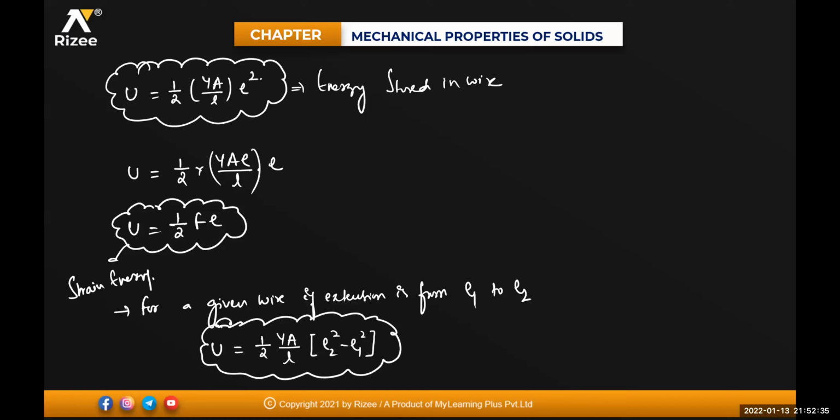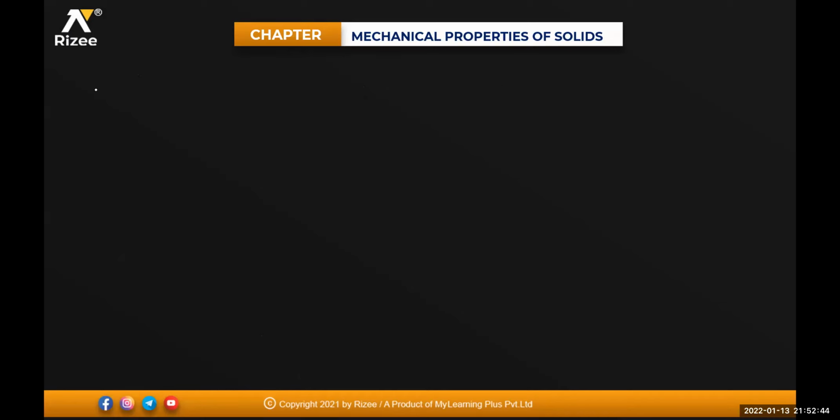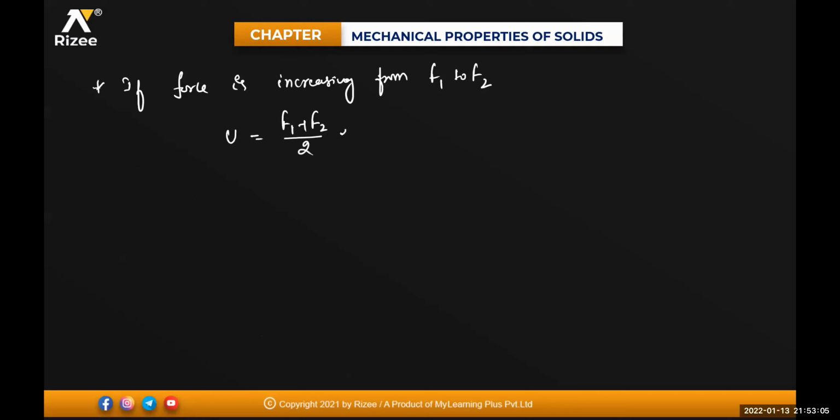Very simple application. If the force is increasing from F1 to F2, then energy will be equal to how much? The average of that, F1 plus F2 divided by 2, into the extension.